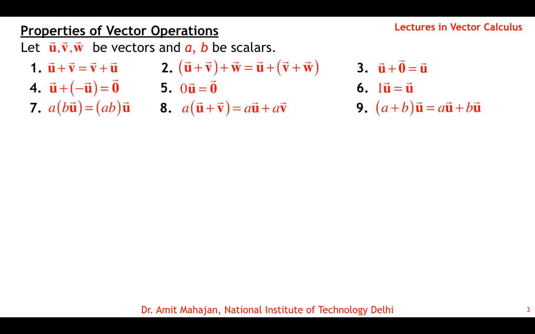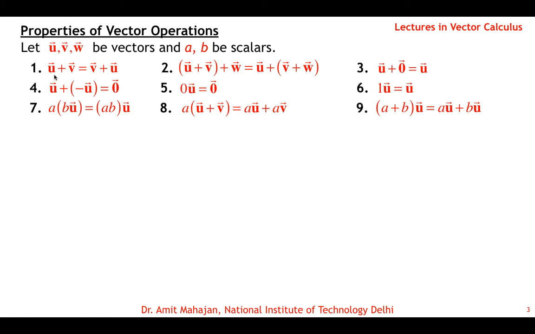Some of the properties of vector operations. Let u, v, w be vectors and a and b be scalars. Then we can add two vectors in any order, that means addition is commutative.